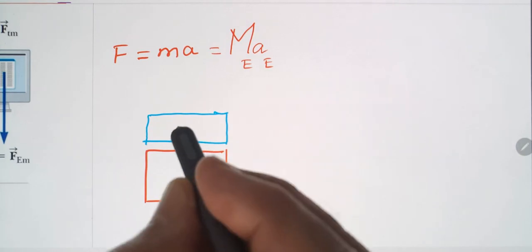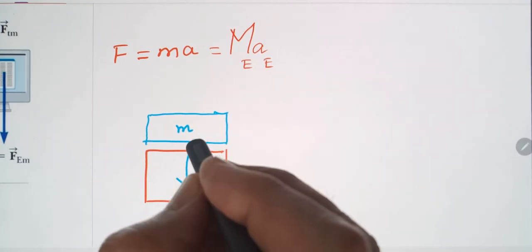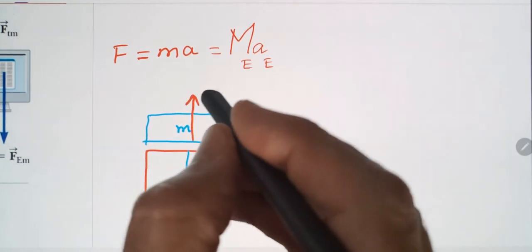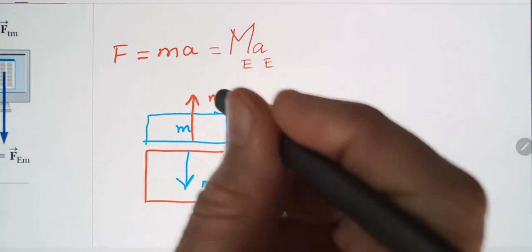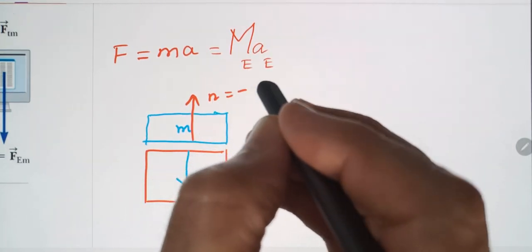Okay, what is the reaction force? The normal force, which is equal to minus mg.